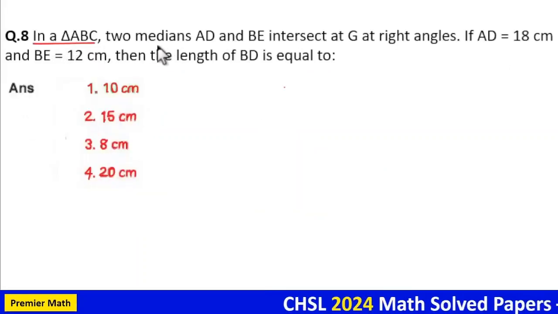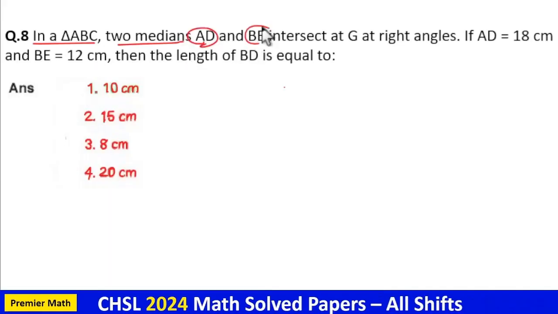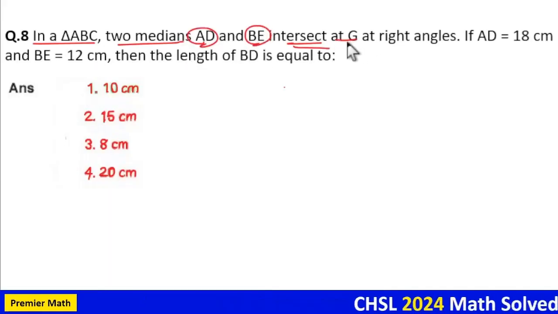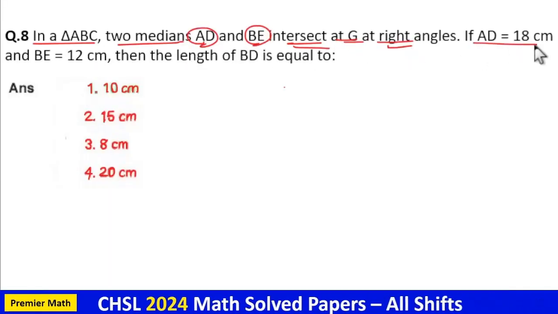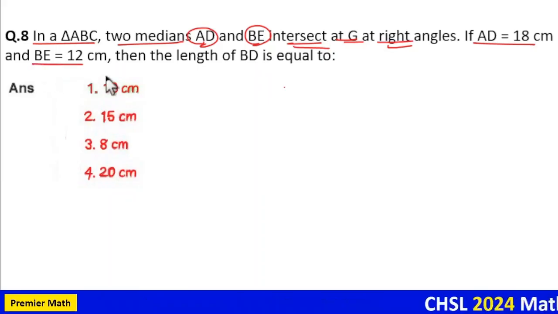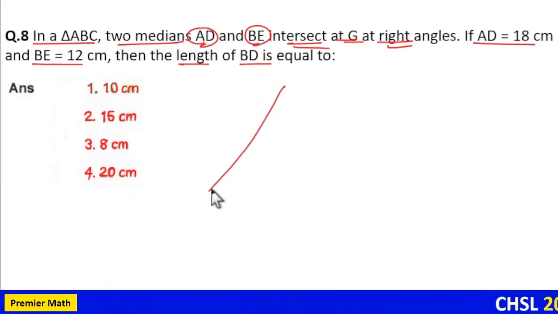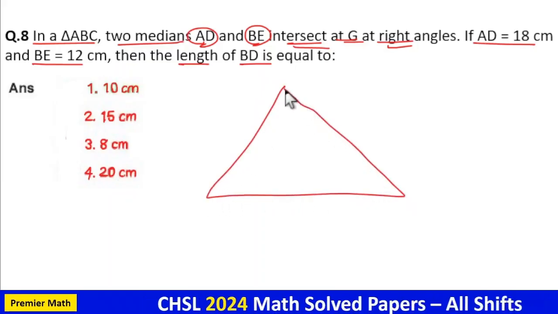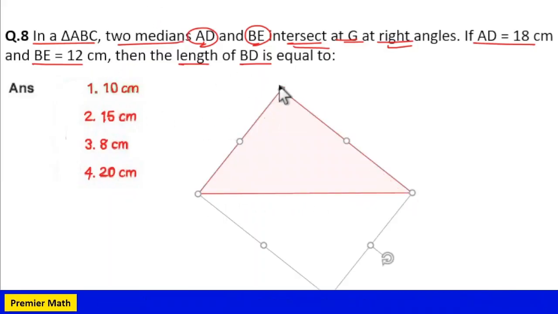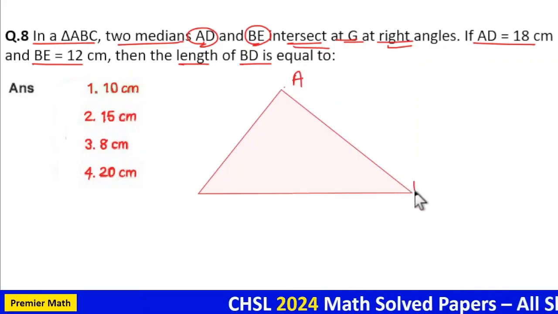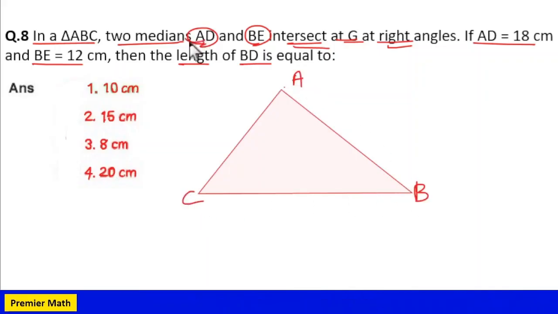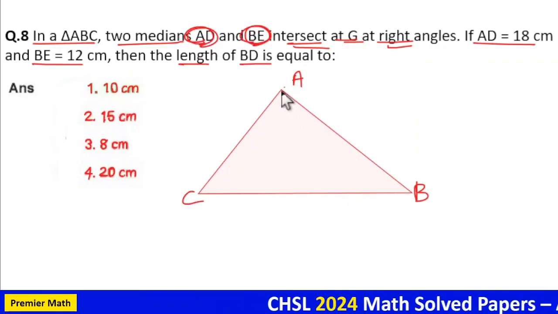In a triangle ABC, two medians AD and BE intersect at G at right angles. If AD is 18 cm and BE is 12 cm, then the length of BD is equal to. Here, this is the triangle ABC. Two medians AD and BE.